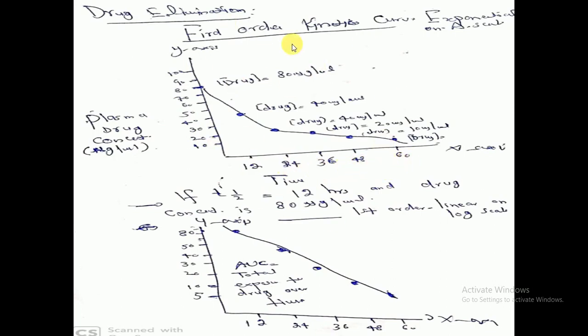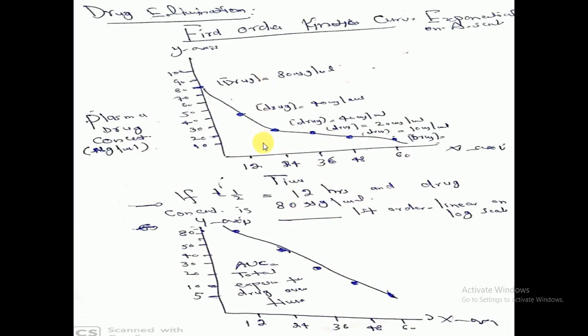I'm going to represent this graph on the basis of the half-life of the drug in first order kinetics. Let's suppose the half-life of the drug is 12 hours. It means that after 12 hours the original concentration of the drug will be reduced to half, and the concentration already mentioned here is 80.